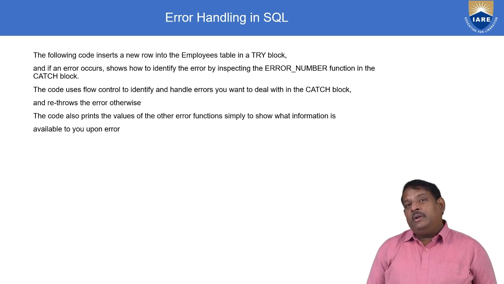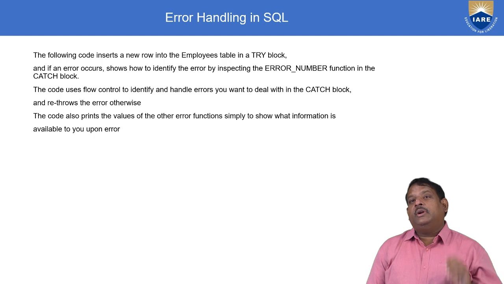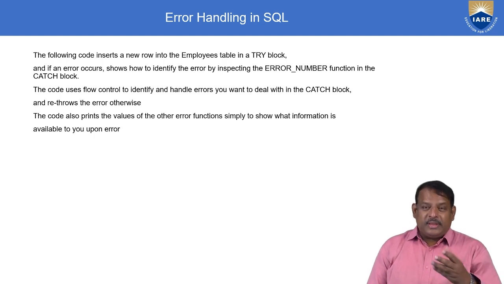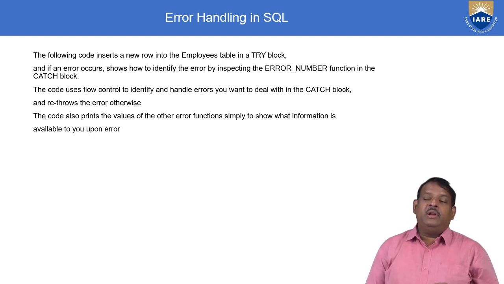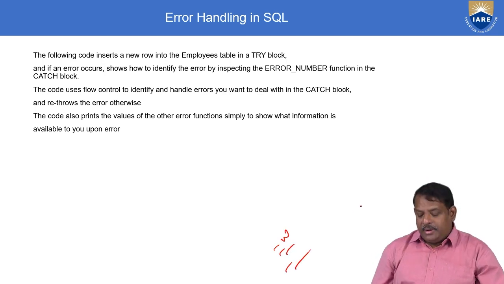If you don't want to handle it, you can throw it. The code also prints out the values of other functions simply to understand what information is stored. In this example we're using the inbuilt functions like ERROR_NUMBER, ERROR_MESSAGE, ERROR_SEVERITY, ERROR_STATE and ERROR_LINE to know what is available here.